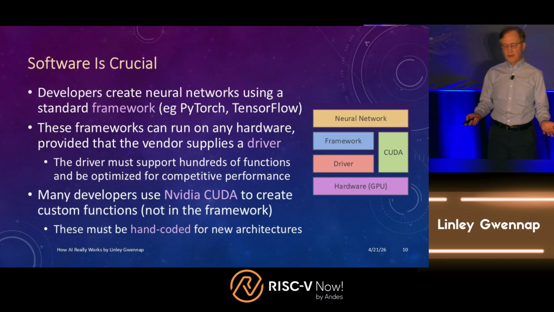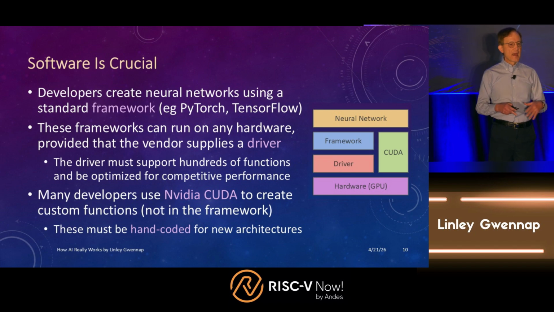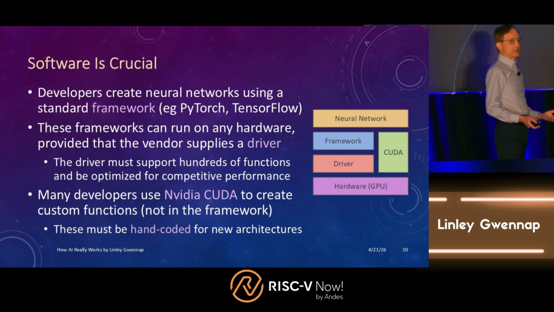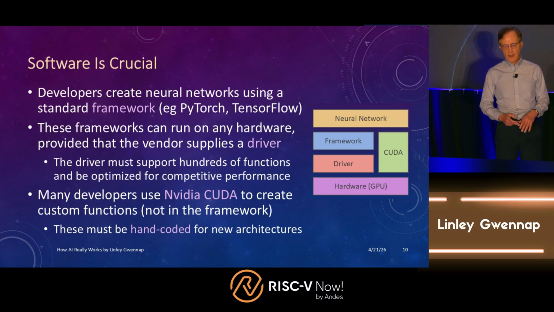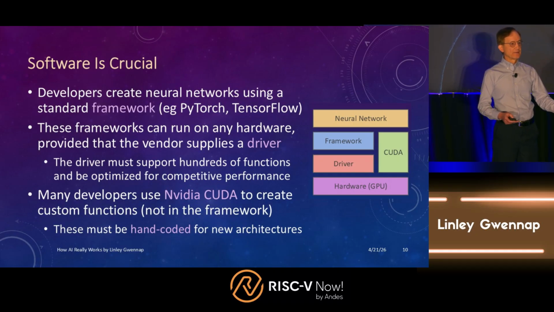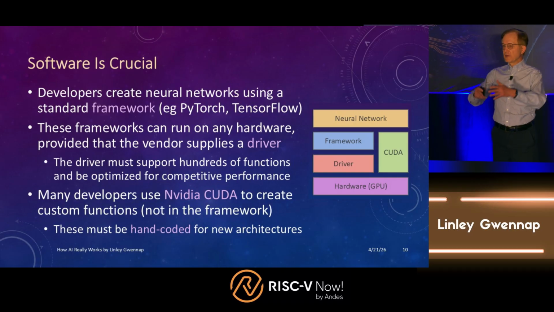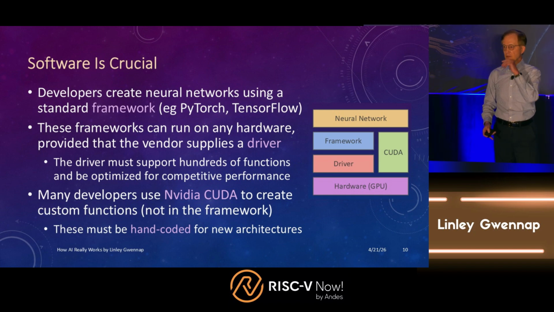And the second problem is that the frameworks don't actually support all of the functions that the neural network developers need, particularly because AI is still a fairly young technology. And so the developers are always coming up with new ideas of functions that they want to implement. And so they have to bypass the framework itself. And because most of these developers are using Nvidia chips, what they use to build their custom functions is CUDA. So CUDA is an Nvidia software that runs on Nvidia GPUs.